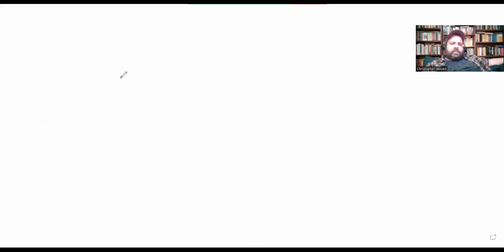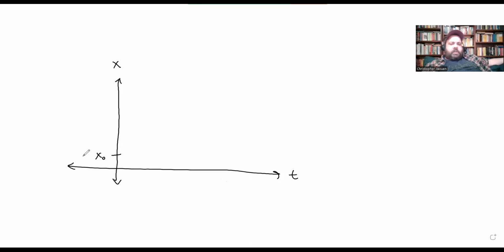All right, so let me draw the axes here. Let's say this is the x-axis, this is the t-axis. Okay, and let's say this is the starting population, and let's say this is the carrying capacity. So this is sort of like a limiting value, right?